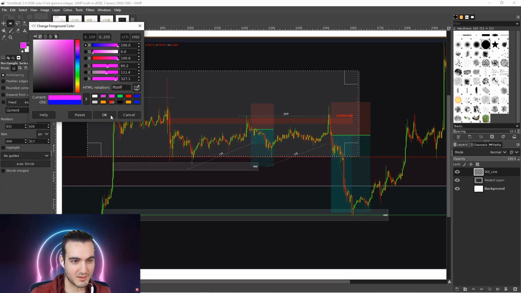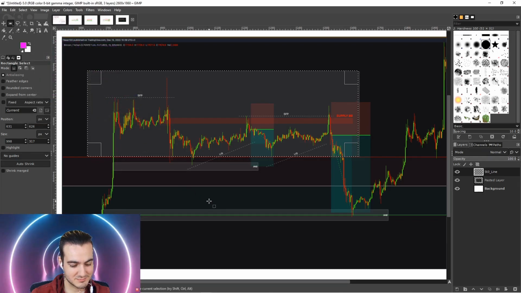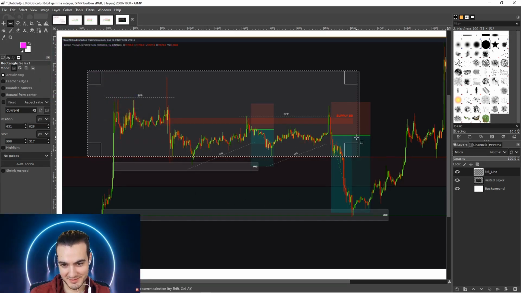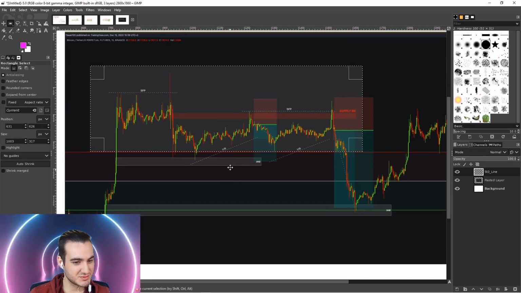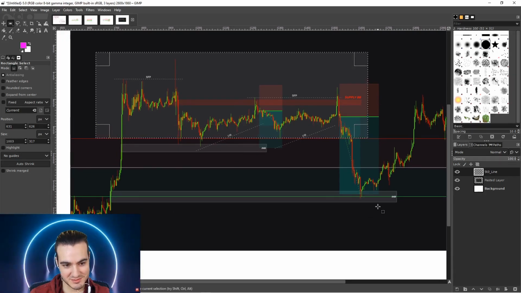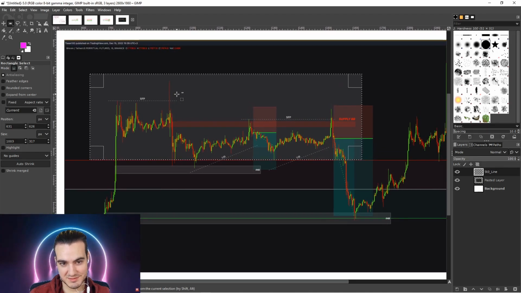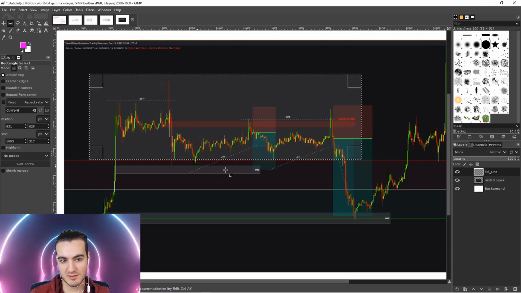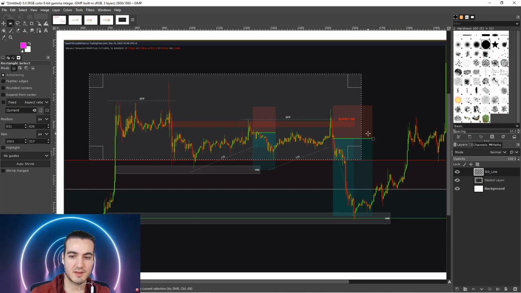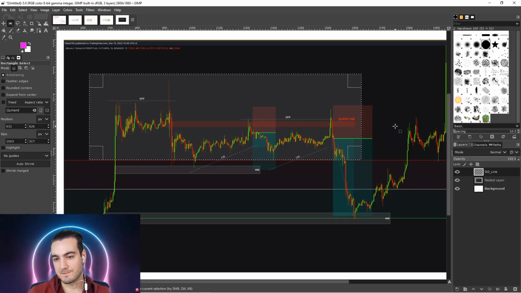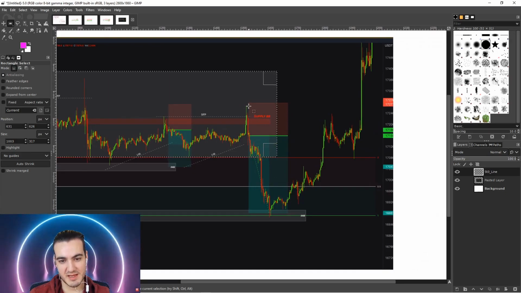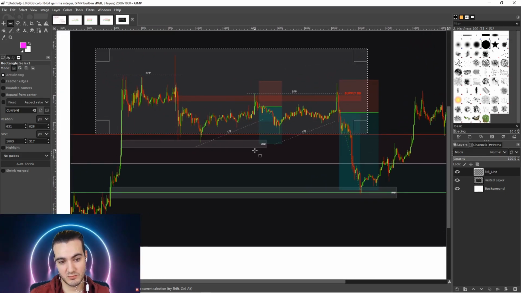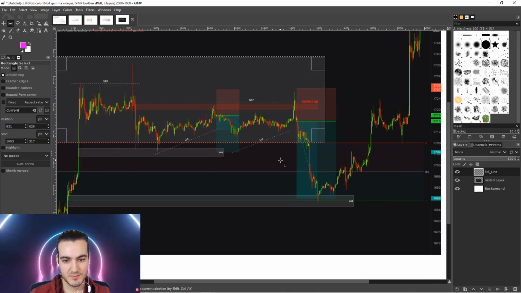Another thing I'll point out, since I've got you here, is that because we are still assuming this is a range and that this is a deviation, this whole deviation would have an intrinsic bias for price to go down because we expect it to return to the range, right?